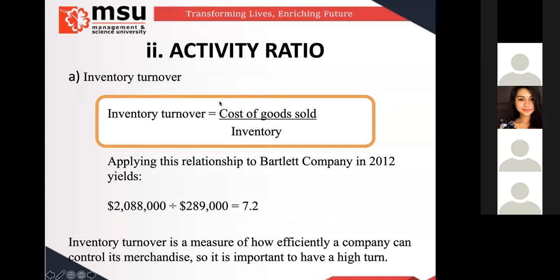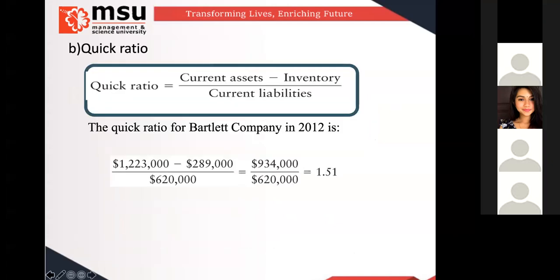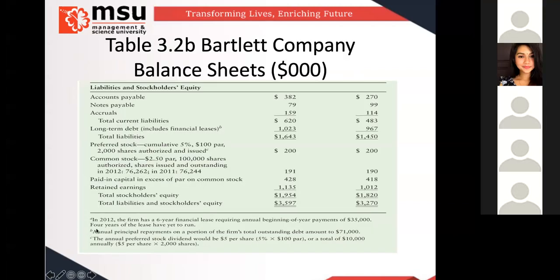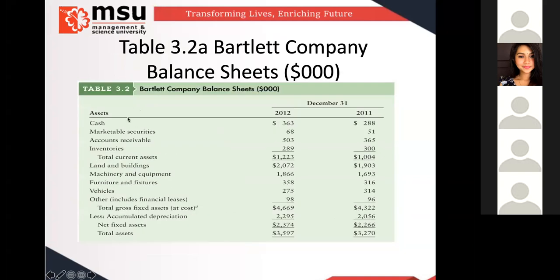The balance sheet. Okay, all right, let us look at the balance sheet. Is it here? This is under liabilities and stockholders' equity. Is it here? No, a different one.